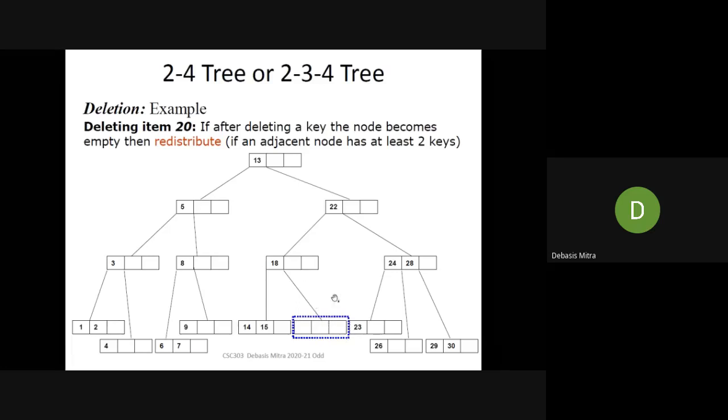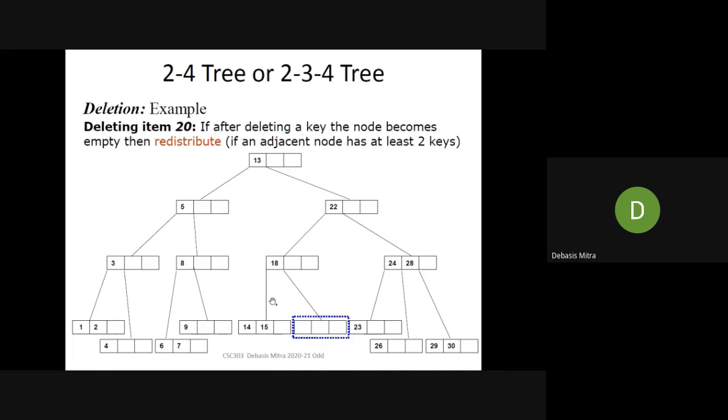There is no right sibling here, so only one sibling, but fortunately that sibling has more than one element, that means more than the minimum requirement, so we can borrow one from that node. That means we can redistribute. So what will be the redistribution? 15 will go up into the parent, and the parent value will come here.